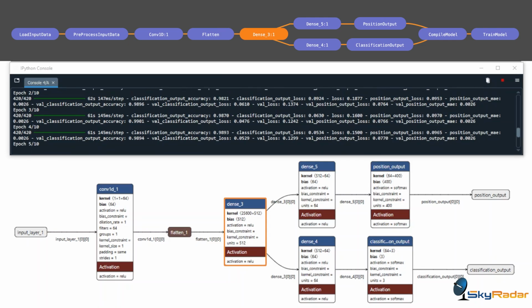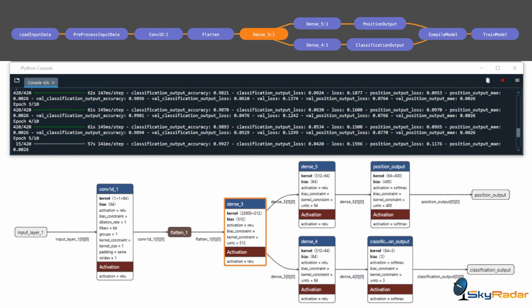This dense layer serves as a critical bridge between feature extraction and the specialized branches of the model. From dense 3, the flow splits into the 2 previously mentioned branches. The first branch passes through dense 5, which has 64 neurons and a ReLU activation function. This is followed by the position output dense block, which has 400 neurons, corresponding to the positional resolution of the radar data.